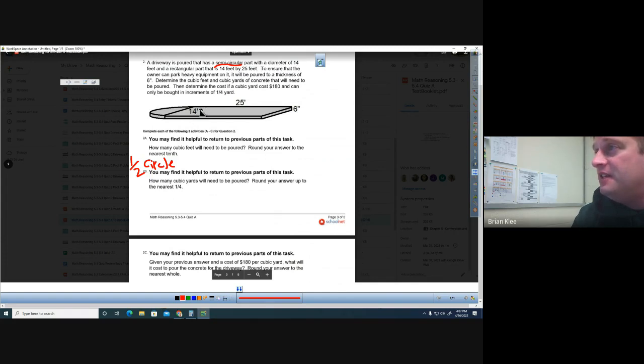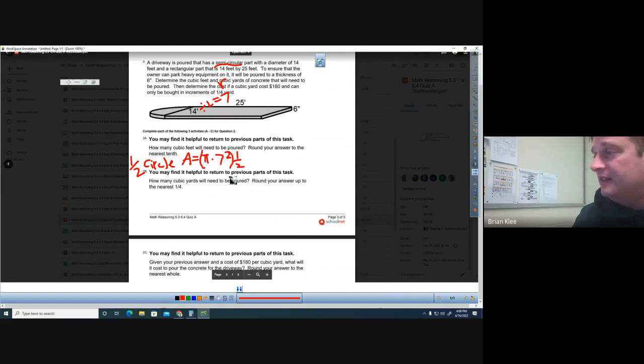So first thing, we need to take that 14 and divide by 2 to get the radius of 7. So the area of the circle is pi times 7 squared, but I only want half the circle.